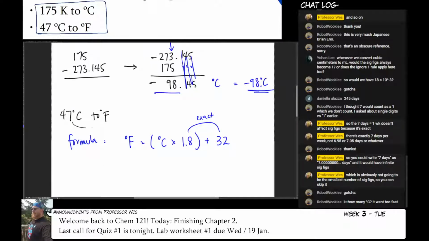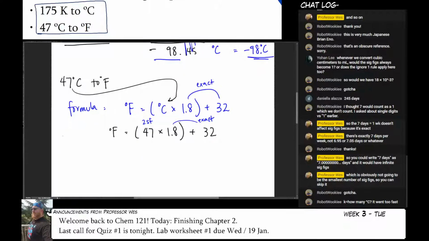So I'm going to plug this number right in where it says Celsius. And so my temperature in degrees Fahrenheit is going to be 47 times 1.8 plus 32. And this number has 2 sig figs, but the other ones are exact, like we said before. So let's look at that.